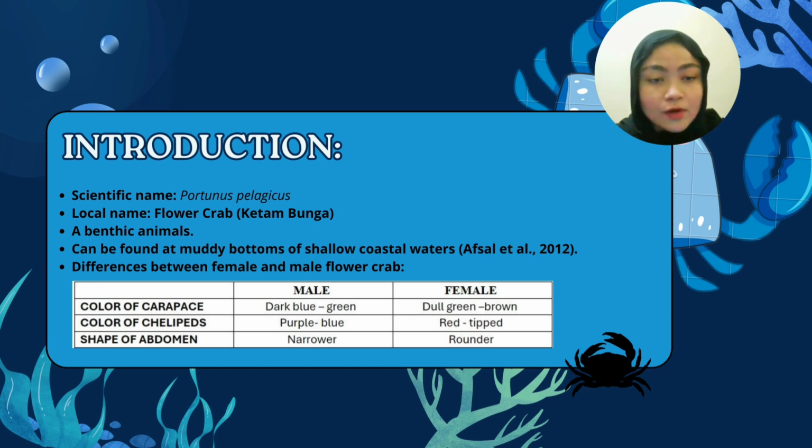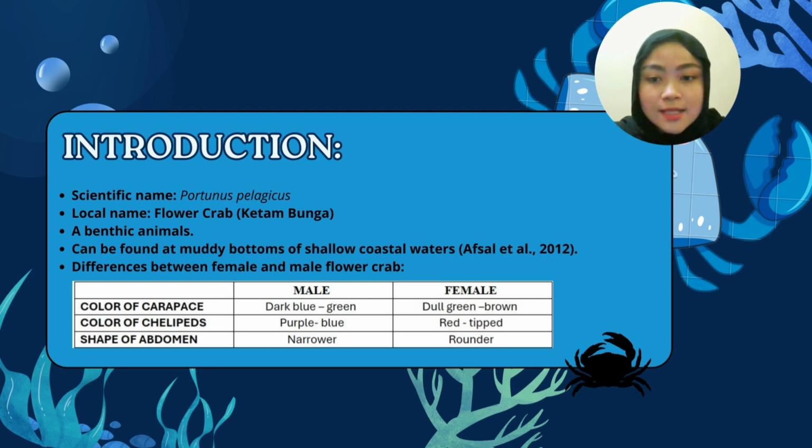There is a tip for us to differentiate between female and male flower crab. As you can see from the table, there are three main characteristics that allow us to differentiate male and female flower crab. For male, they usually have dark blue-green color for their carapace, while the female have dull green-brown color for their carapace.